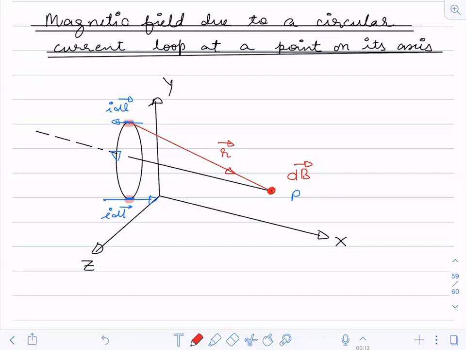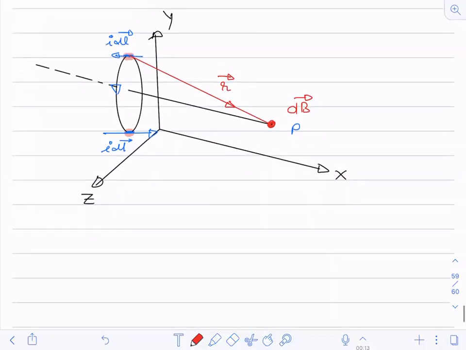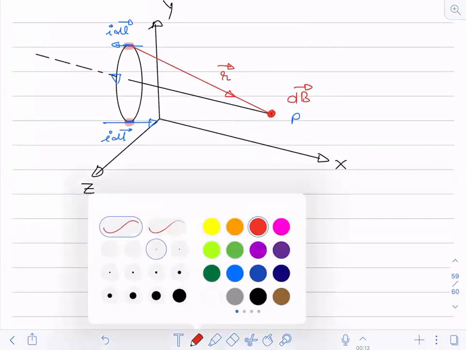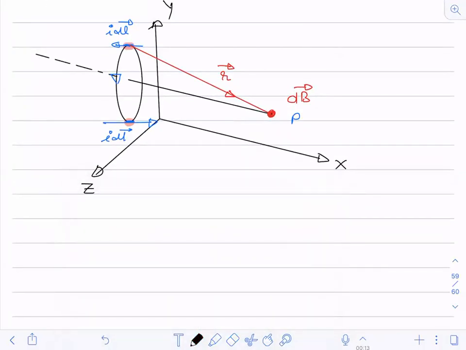Okay, now let's see here. I'm going to draw a different figure, a second view. This is my x-axis and this will be my y-axis.